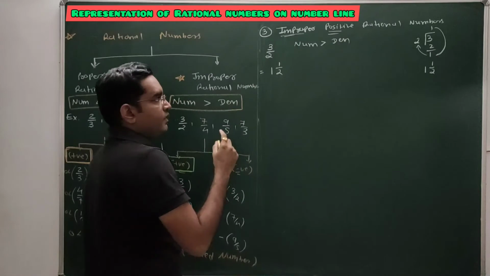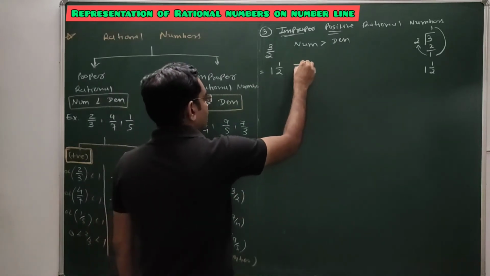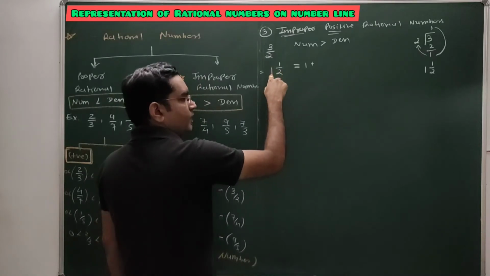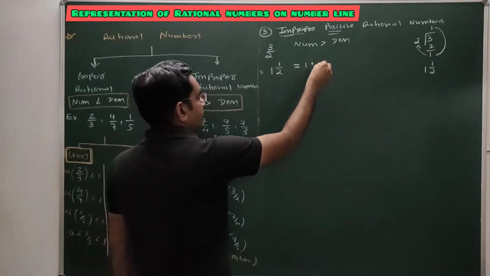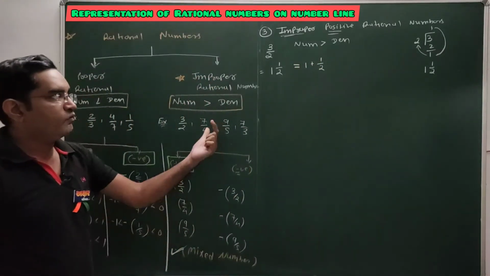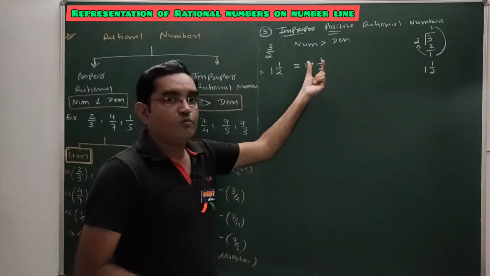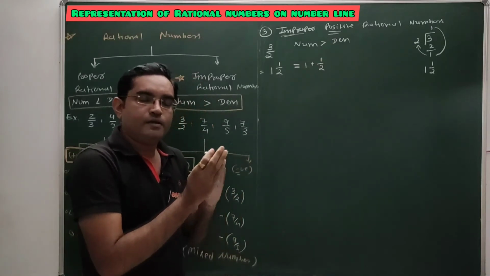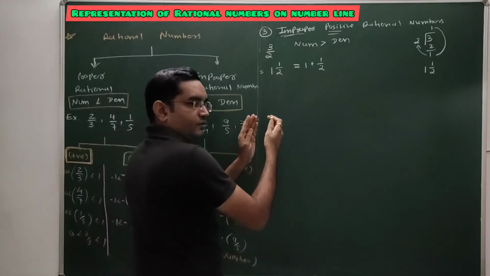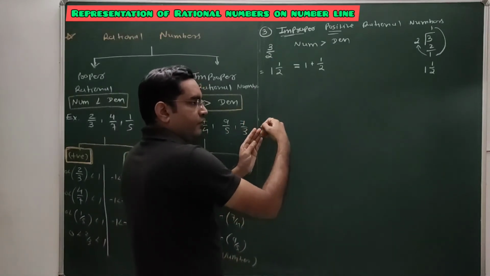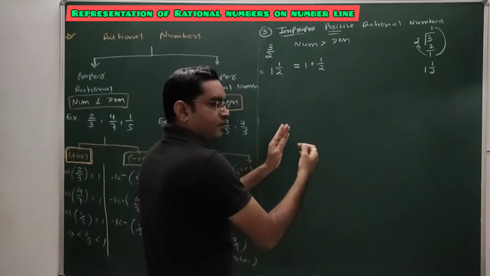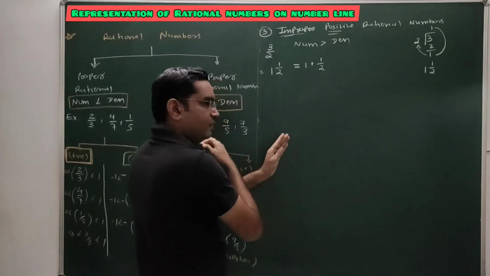So what is the meaning of this 1 integer 1/2? This is nothing but 1 full part, that is the integer part, and the fraction part is 1/2. We have to add 1/2, that is a fraction, half, to 1. So 1 plus some quantity. Consider the number line. The property of the number line says that if we add to some integer, then we move further towards the right-hand direction, and if we subtract from this integer on the number line, we move towards the left-hand direction.